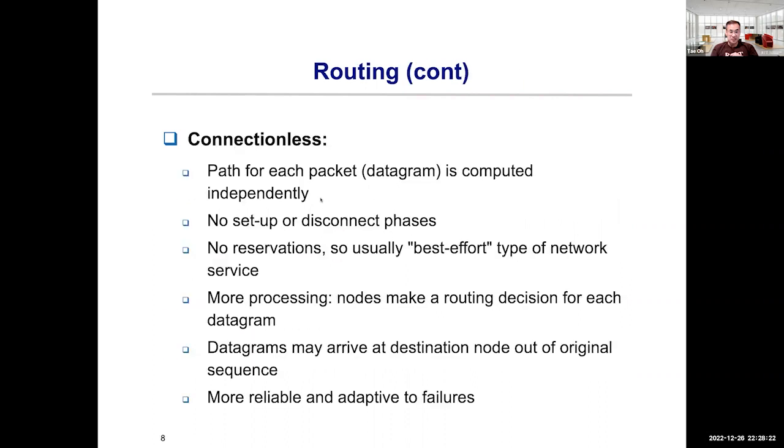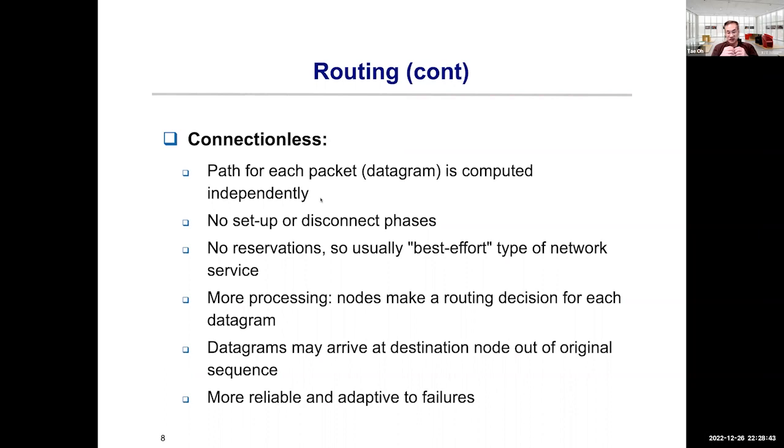Let's talk about connectionless, where the path for each packet is computed independently. There's no setup and no disconnect phase. With telephony, it needs to set up first, then it sends the packet. But in this case, it doesn't set up.